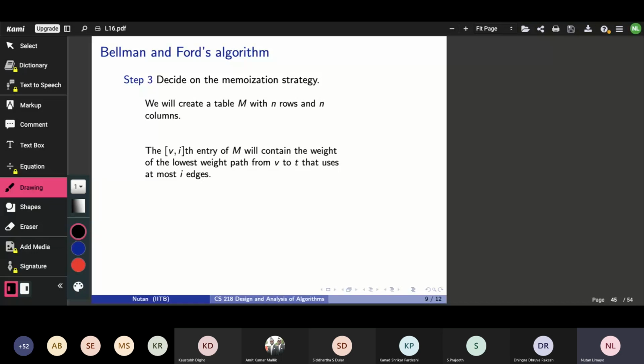Okay. So this is completely guided by what we defined as our subproblems. There is no innovativeness here. The innovativeness was in coming up with the subproblem definition. Once you have that, memoization is guided completely by that choice.